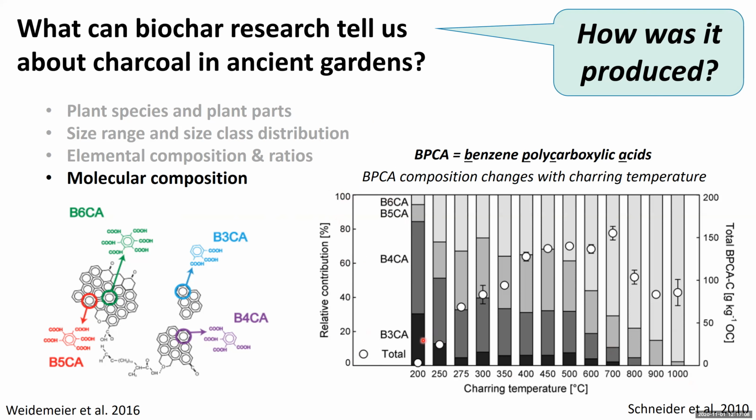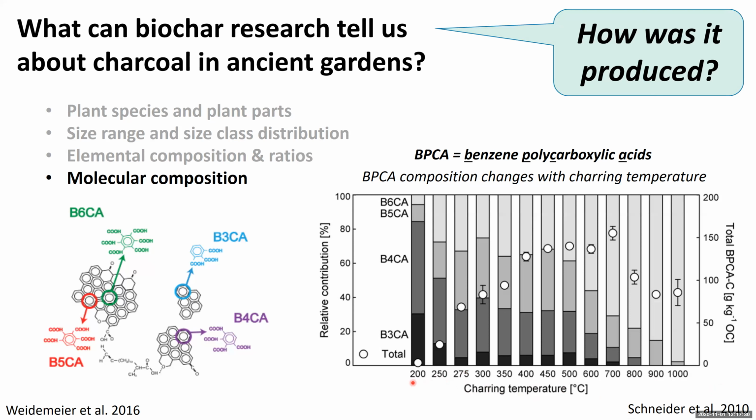So, for example, for chars created at, on the horizontal axis here, I should point out, this is showing data from chars produced at different temperatures, ranging from 200 degrees to 1,000 degrees in the laboratory.